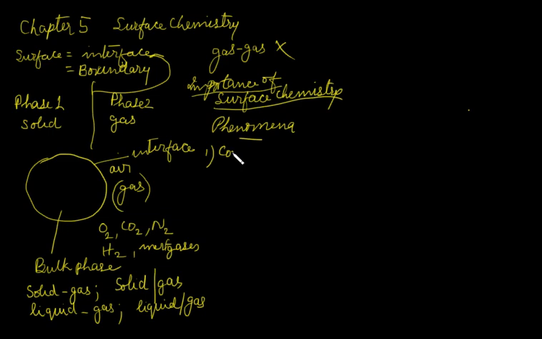Corrosion. When metals are left in air without protection, they easily react with components of the air and get damaged. That is what we call corrosion. You are familiar with that. Another, adsorption. This is different from absorption. We will see the difference shortly.